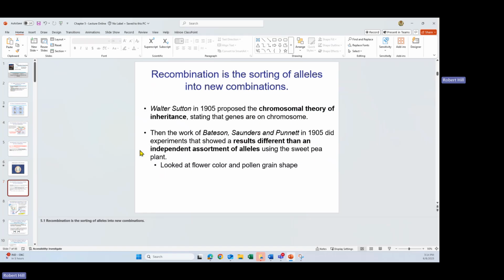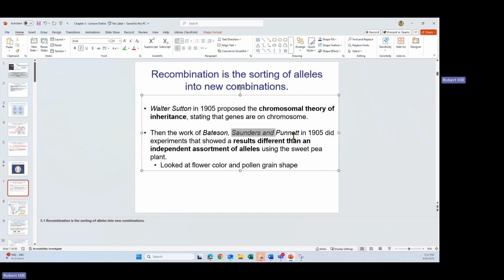They used the sweet pea plant because they could look at genes whose phenotypes were easily observed in the progeny, and those were in fact linked. So not the same pea plant that Mendel looked at; this is a different version, the sweet pea plant.